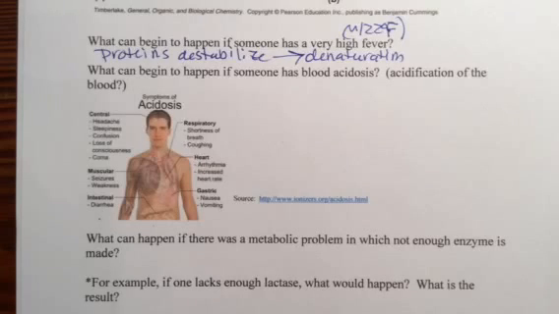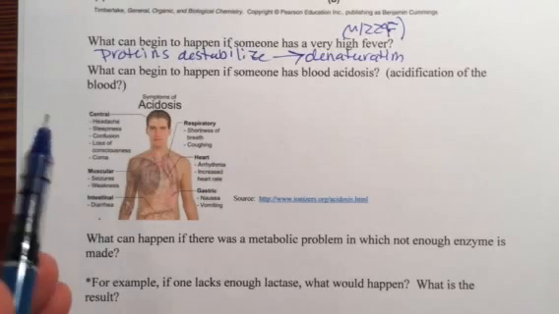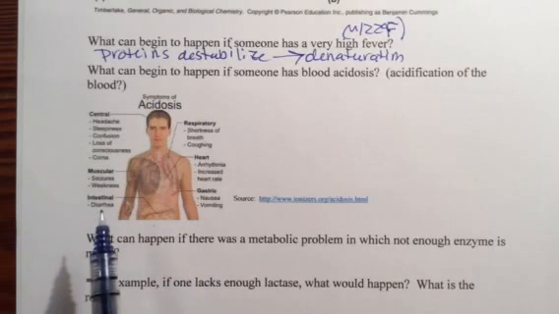We're talking about enzymes and factors that affect their reaction rate, and we're seeing that temperature and acid are strong destabilizers of enzymes. And where we left off was with the discussion of blood acidosis.